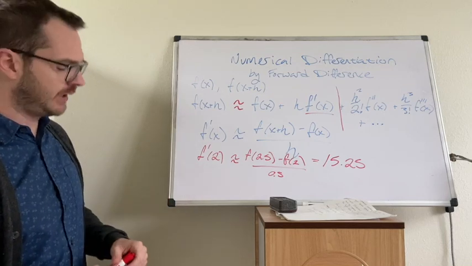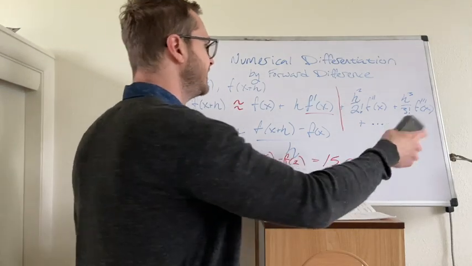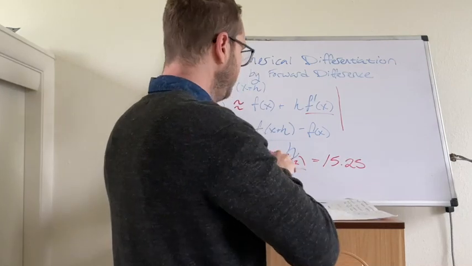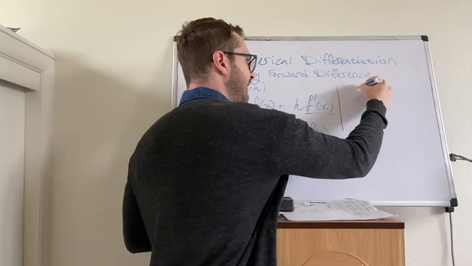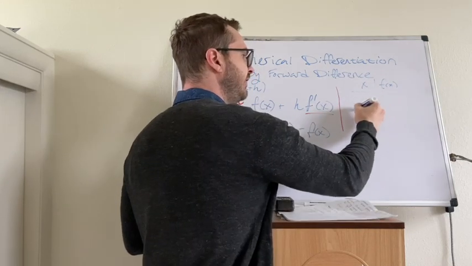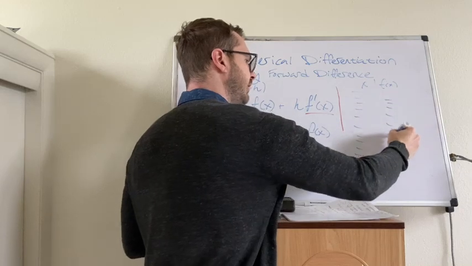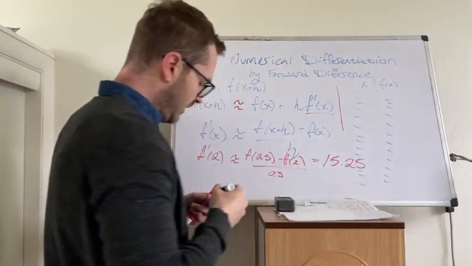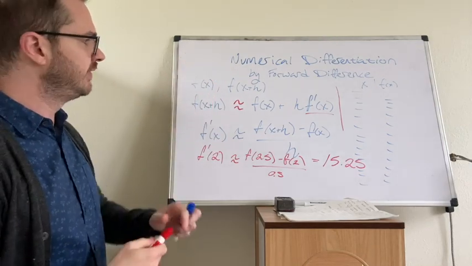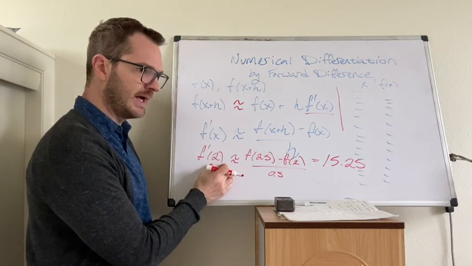Imagine that you have a data set with a whole bunch of data points in it. I'm going to erase this right-hand side. Let's say that you have x and f of x, and you have all of these data points, on and on and on it goes. Consider if you want to use the forward difference method. In this case, we solved for the slope at x equals 2.